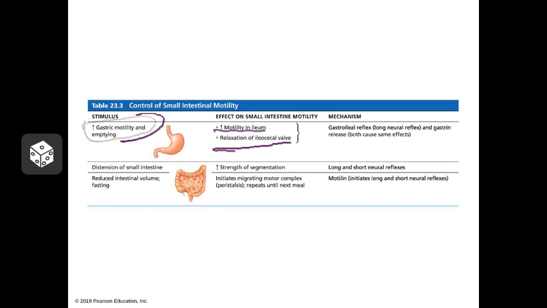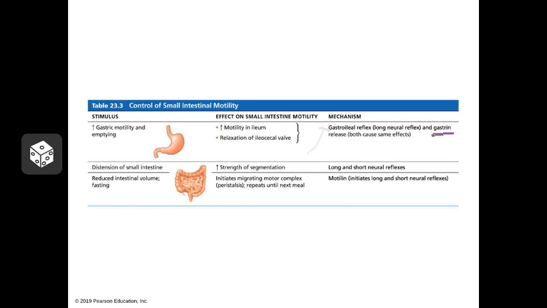In other words, you put more in from the stomach into the duodenum at the beginning of the small intestine. At the tail end of the small intestine, you will be moving more substances out of that part of the small intestine and into the large intestine. This is referred to as the gastroileal reflex. It is a long reflex. Gastrin can trigger the same thing.